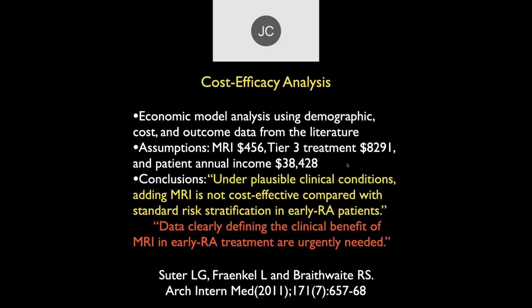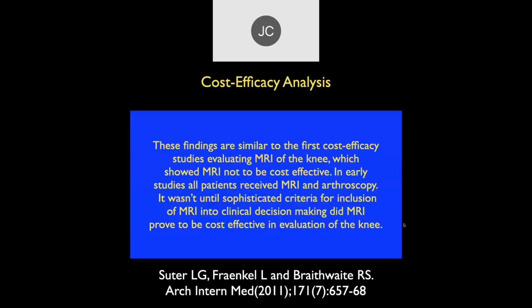This is kind of odd because treatment for rheumatoid arthritis now is substantially more expensive than $8,000, and MRIs are actually significantly cheaper than $456. TNF-alpha inhibitor drugs can be $30,000 to $100,000 now. So I don't think that this was an appropriate cost-efficacy analysis.